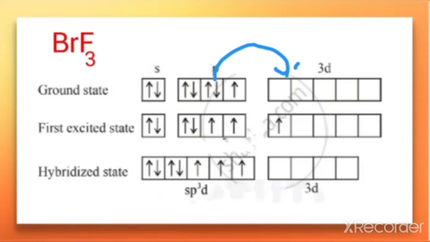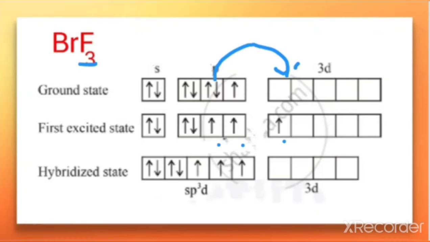Now in the first excited state, you can see there are 3 unpaired electrons due to the excitation of one of the electrons into d. So 3 unpaired electrons are present here. Because 3 fluorine atoms are there, 3 unpaired electrons are needed to share.